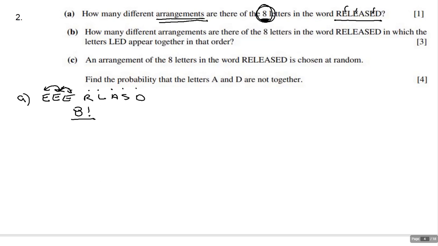So how many duplicates do I have here? 3. And so I'm going to do 3 factorial. Now, in my calculator, I'm going to make it look exactly like this. I'm going to stack them up using that fraction feature on the calculator, right below the option button. And what's 8 factorial divided by 3 factorial?